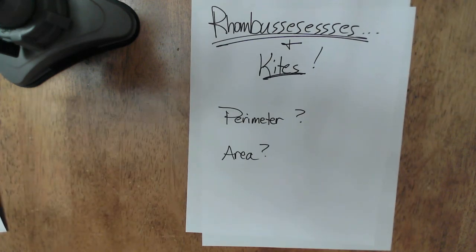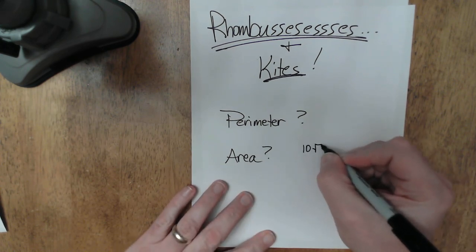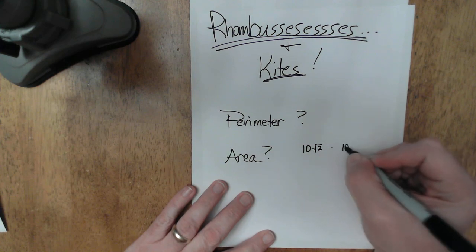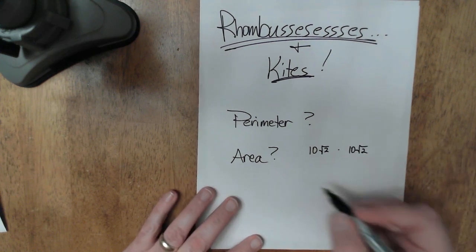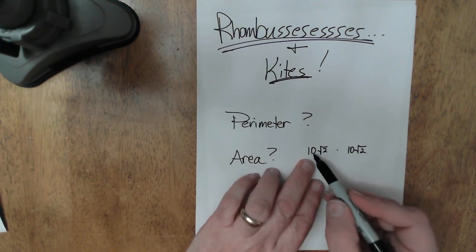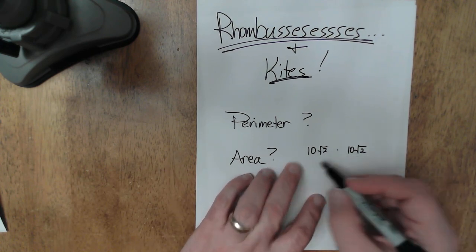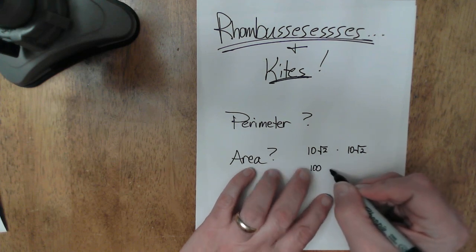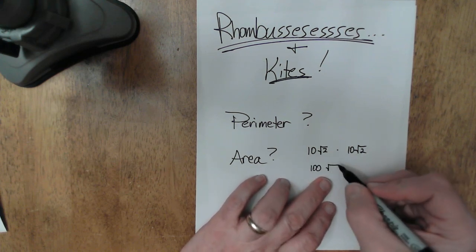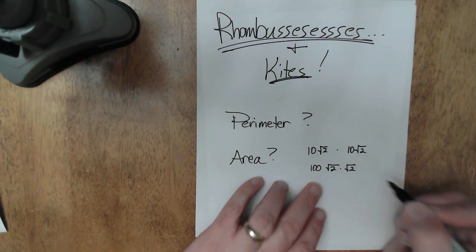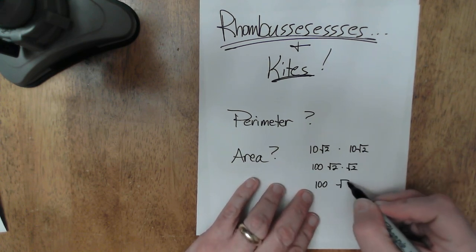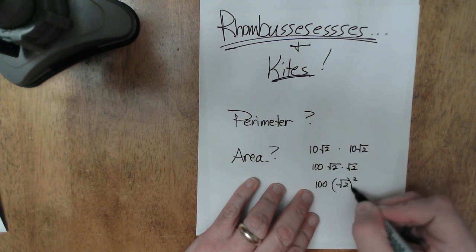So let's use this space over here to write it down. All right, how do I do this? I take 10 times the square root of 2 times 10 times the square root of 2. All right, and what I do is first I take the numbers and multiply them. So 10 times 10 is 100, and the square root of 2 times the square root of 2 is the same as saying the square root of 2 squared, if you recall, right?